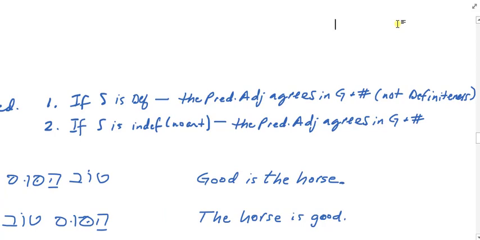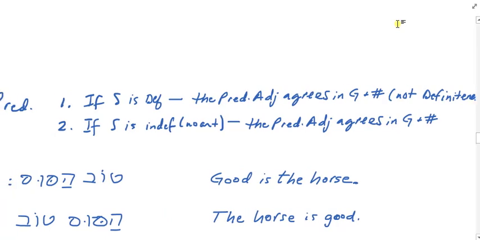It's always that way. But if I have a predicate use, if the subject's definite, then the predicate adjective will only agree in two things, gender and number, okay? Now, if the subject happens to be indefinite, that is to say, if there's no article, then the predicate adjective will agree in just the gender and number, and there's no definiteness in the subject at all, so we don't have to worry about that.